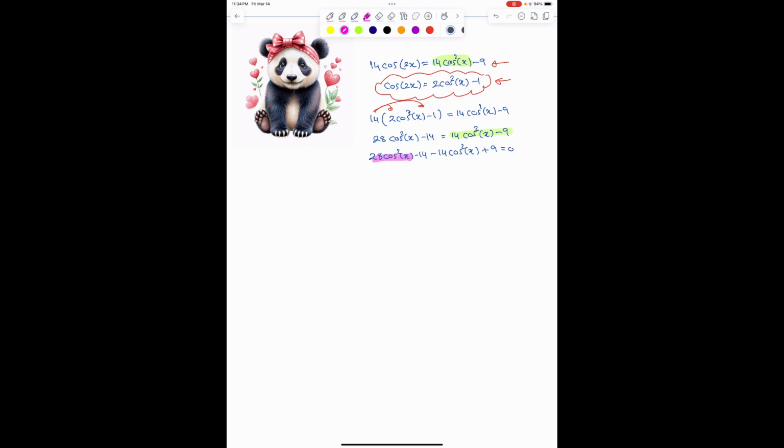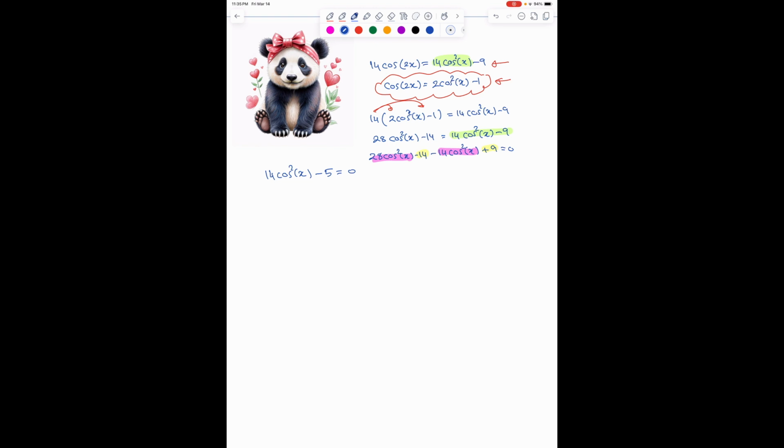Notice how 28 cosine square x and negative 14 cosine square x are like terms, and negative 14 and 9 are like terms. So 28 cosine square x minus 14 cosine square x is 14 cosine square x, minus 5 equals 0. Negative 14 plus 9 is negative 5.